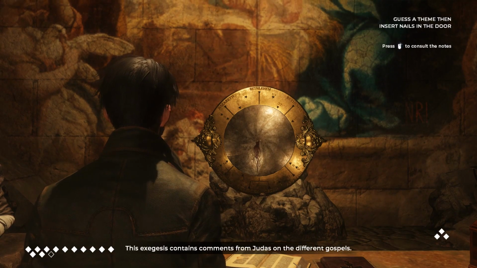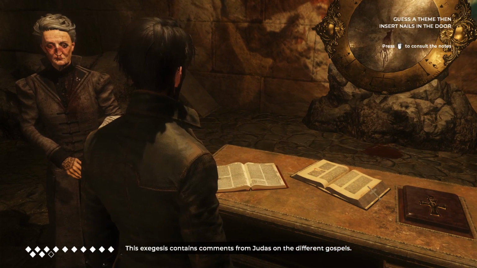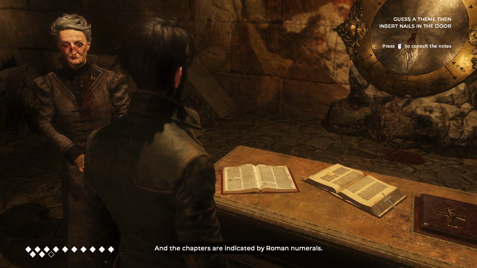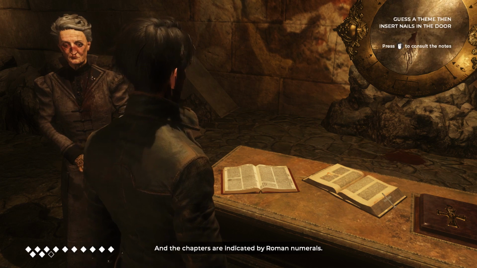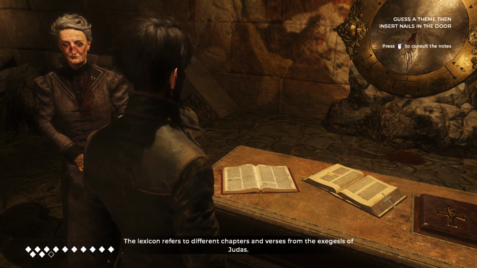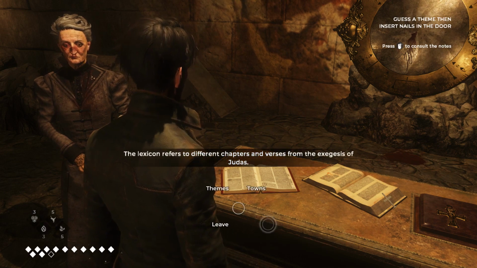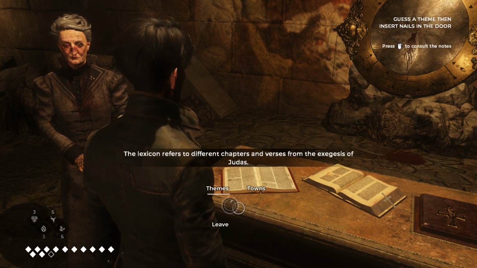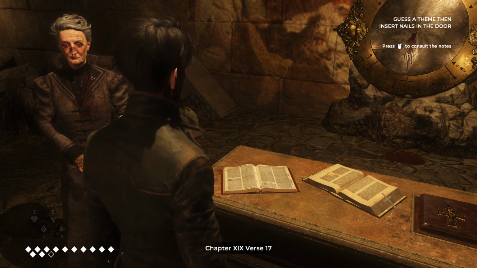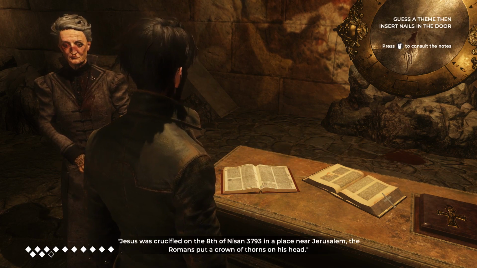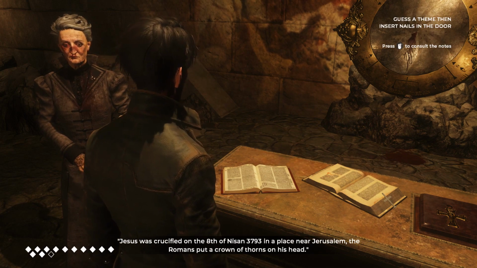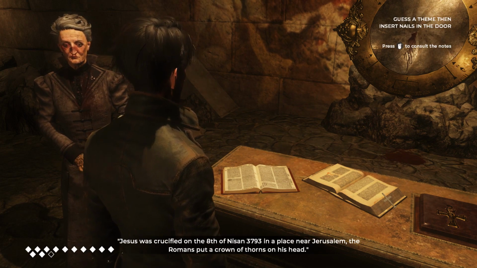This exegesis contains comments from Judas on the different Gospels. It only contains certain chapters and verses, and the chapters are indicated by Roman numerals. The lexicon refers to different chapters and verses from the exegesis of Judas. Chapter 19, verse 17. Jesus was crucified on the 8th of Nisan, 3793, in a place near Jerusalem.